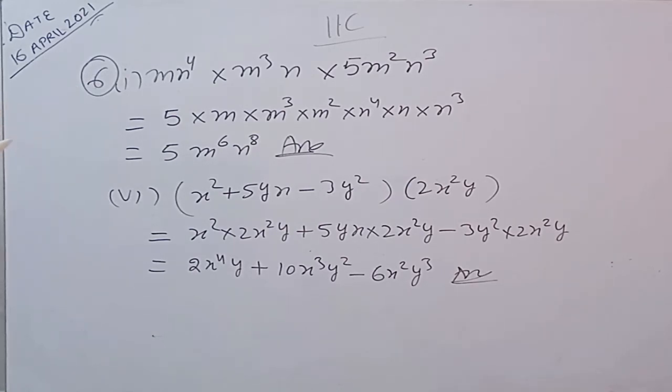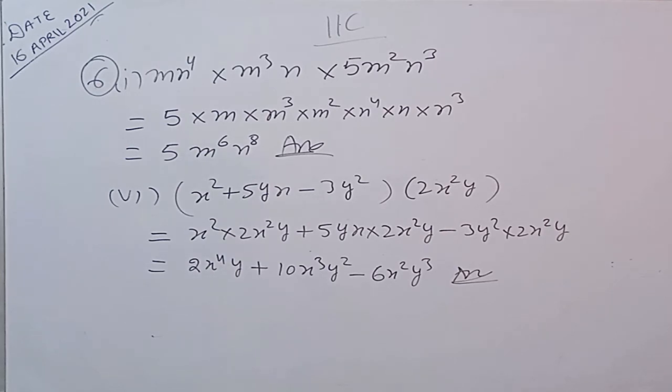Add together, we will get 6, m to the power 6. n⁴ power 4, n to the power 1, n³ power 3. Add together, you get n to the power 8. Children, remember, whenever we multiply the same variable, the power will add together. So n⁴, n¹, n³ will get n⁸. So in that manner you can do question number 6, first part.